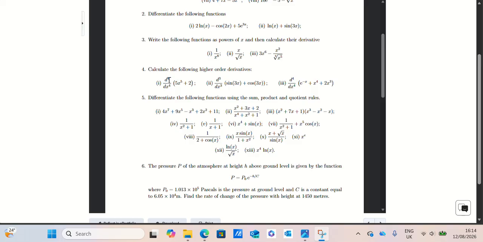We see here d4 and dx4. So my first question is, what does that mean? Let me note it down. dx4. And then that's 5x to the power of the 5th plus 2.